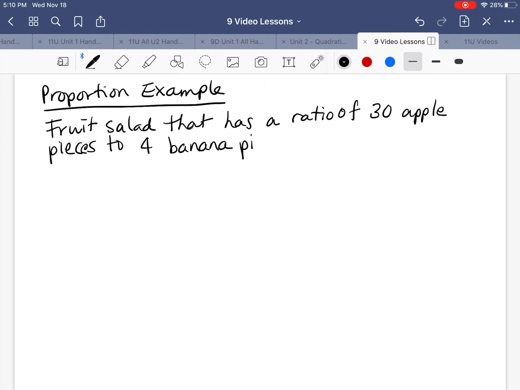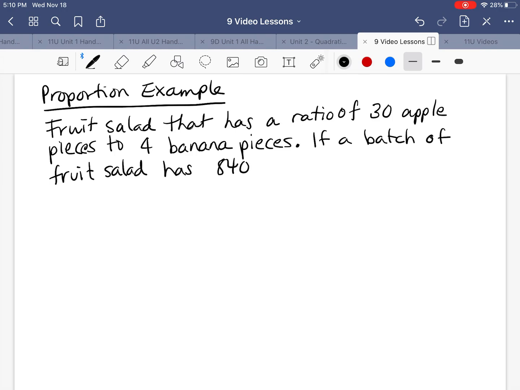You don't want to put too much banana in the fruit salad or else it gets super mushy and brown very quickly. If a batch of fruit salad has 840 apple pieces, so this is a huge batch of fruit salad, how many pieces of banana are needed?